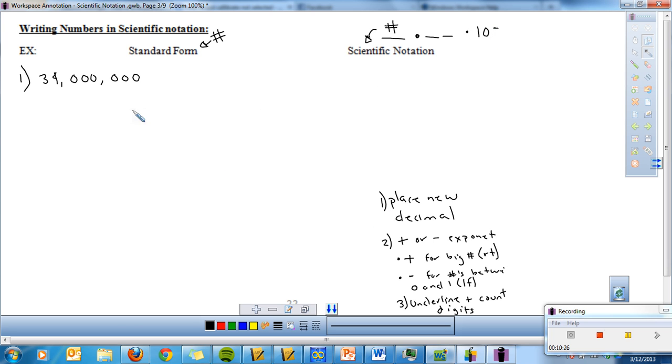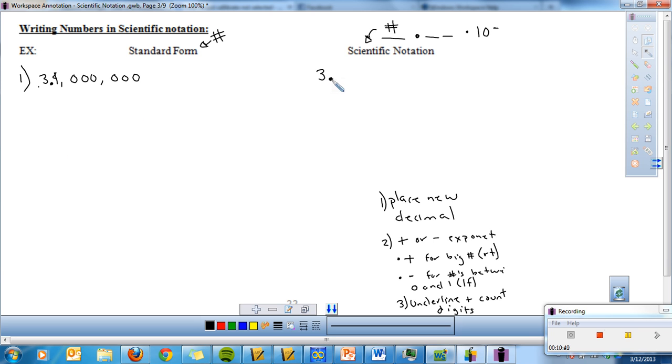So the first thing we want to do is place our new decimal. Your new decimal needs to be placed right after your first number. So I want you to start at the left, and go over until you find the first number. The first number is 3. We're going to place our decimal right in between 3 and 4.